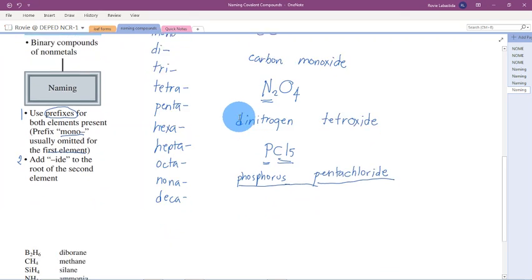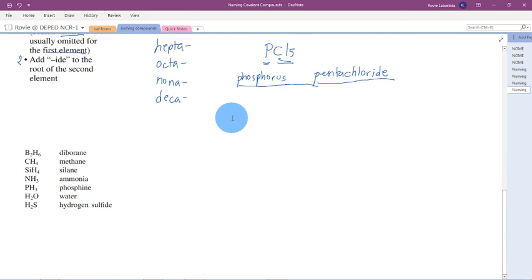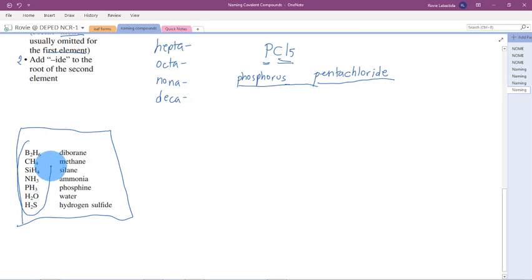Then let us go to these examples. For this list of compounds, we usually use these names because they have been used for a long time already, instead of the systematic way of naming.